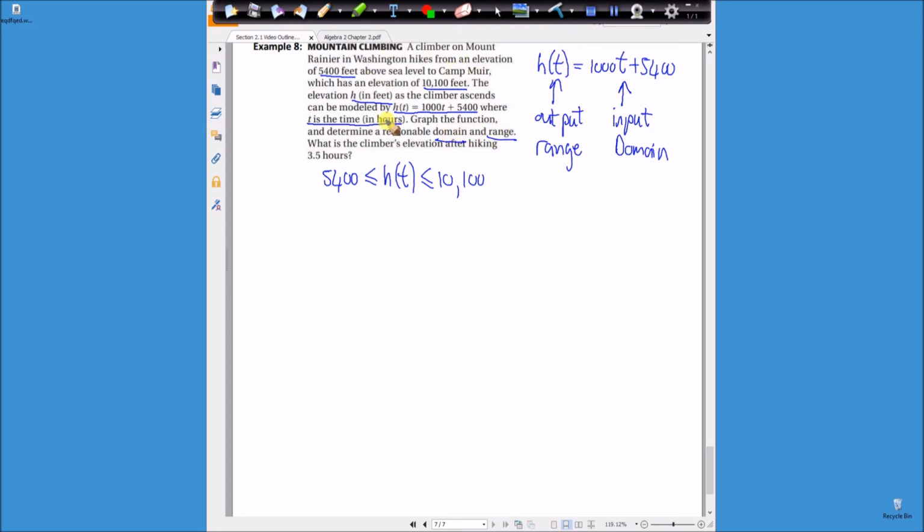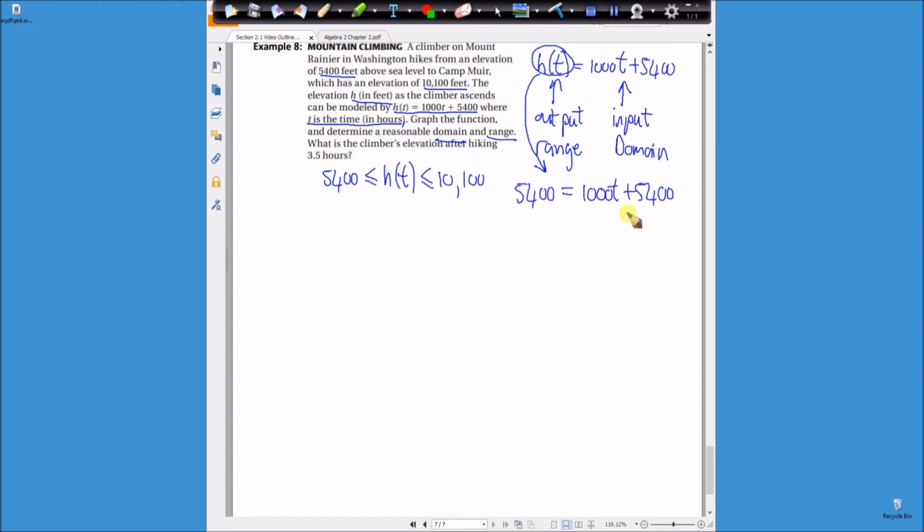Reasonable for this question is that the person is climbing from 5,400 to 10,100. So let's take the lower extreme of the range, 5,400, and substitute it in here. In that function, 5,400 equals 1,000t plus 5,400.